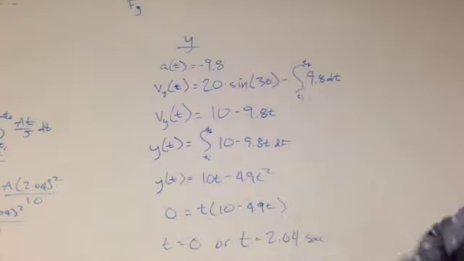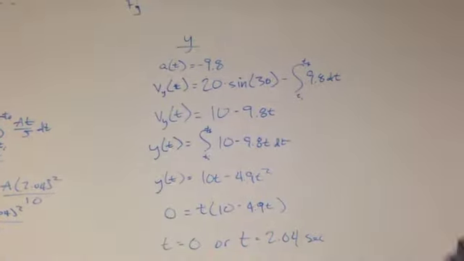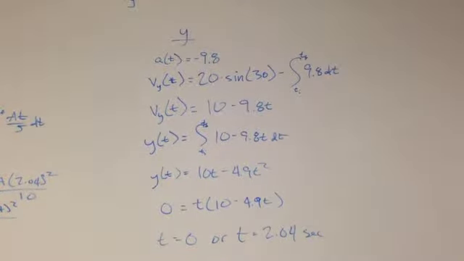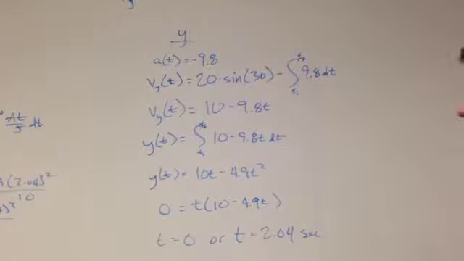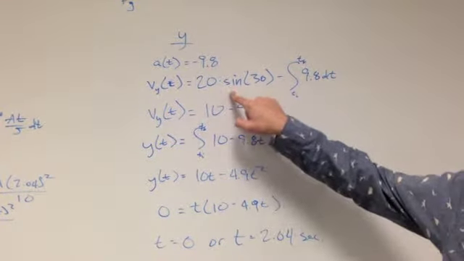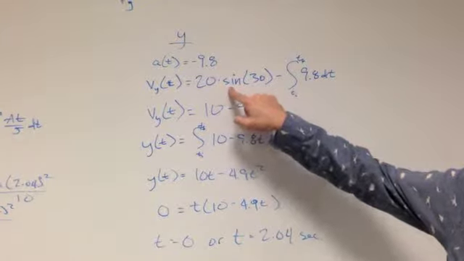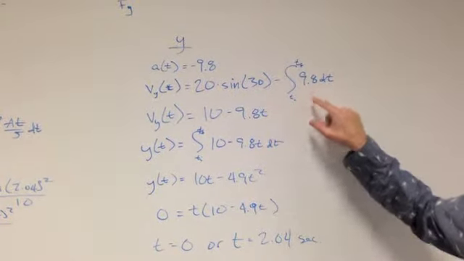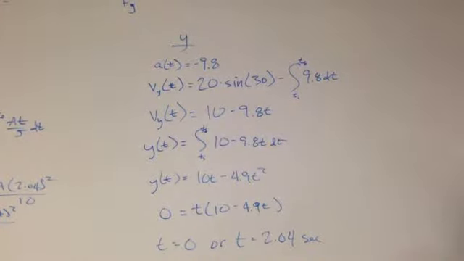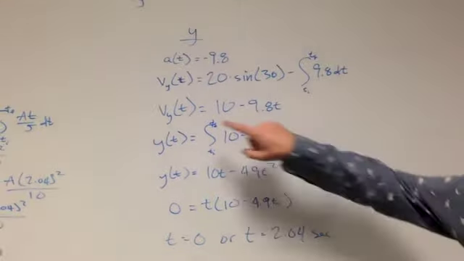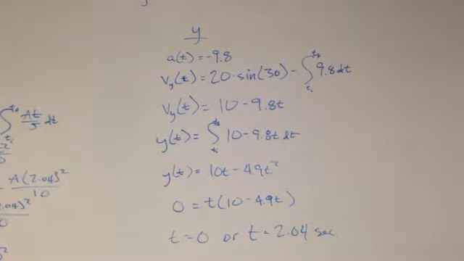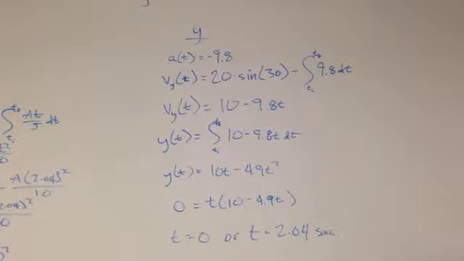So we have acceleration in terms of time is negative 9.8 meters per second squared, and then to get the velocity we take the projectile's initial y velocity and then subtract the integral of the acceleration, and this ends up being the y velocity of the projectile, 10 minus 9.8 t.